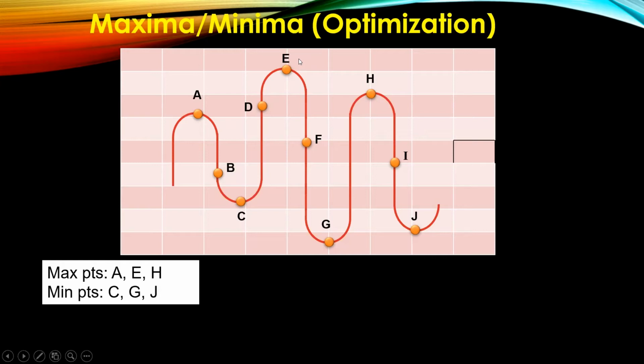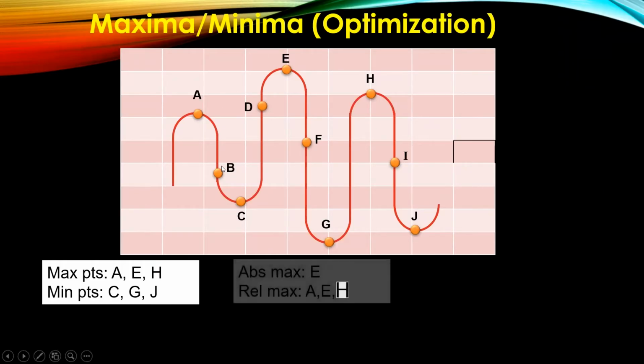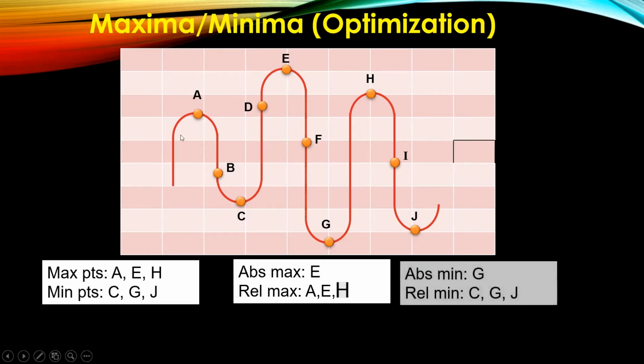Local. What is the global minimum? Letter G. So here, the absolute maximum is E. All of them are relative maxima relative to each other, however E from among the relative maxima is the global maximum. So here, this is the absolute. You can say those two are relatively still minimum.